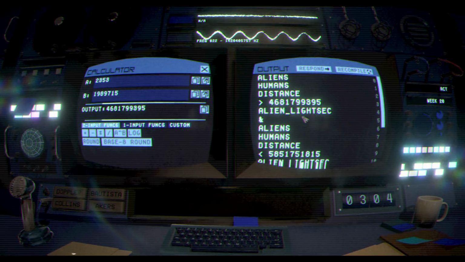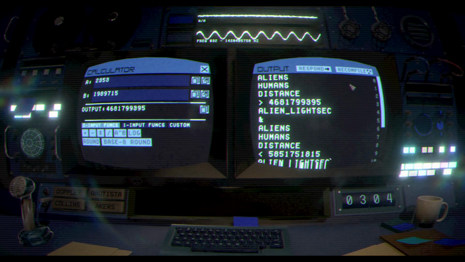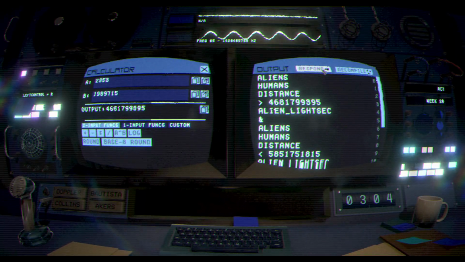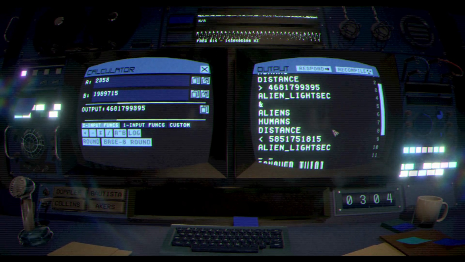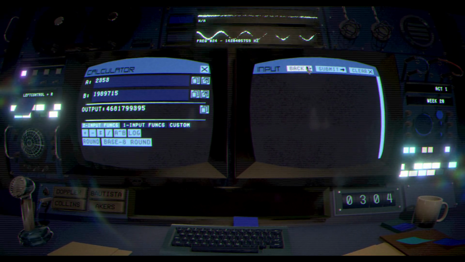Okay, alien human distance is greater than that many light seconds, the lower bound that we put. And aliens and humans distance is less than the upper bound. Yes, we know this.